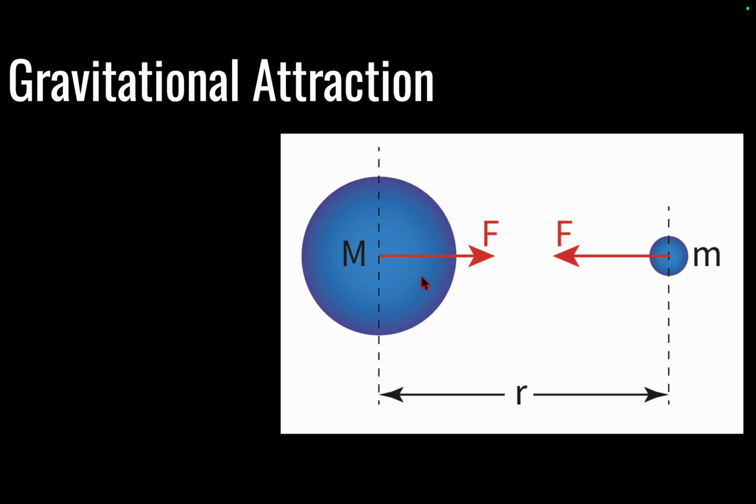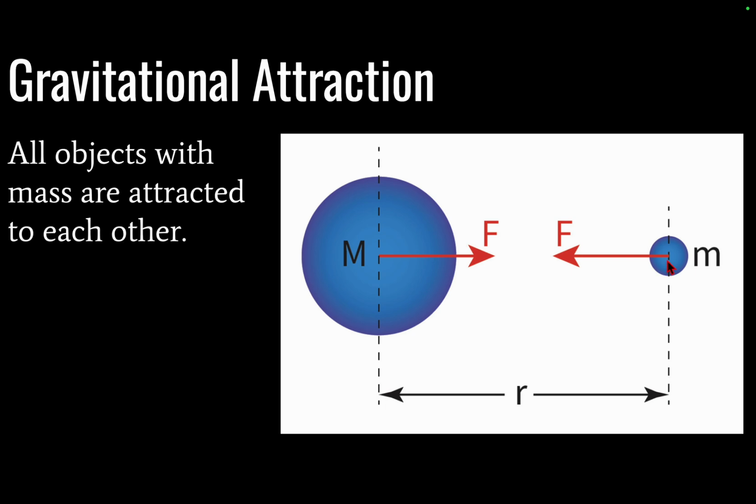Okay, so here we have two masses, and as you can see, each of these masses is exerting an equal and opposite force on each other in accordance with Newton's third law. Additionally, we have one mass that appears to have a larger value than the other, and they're separated by this distance r, and r goes to the center of each of these masses.